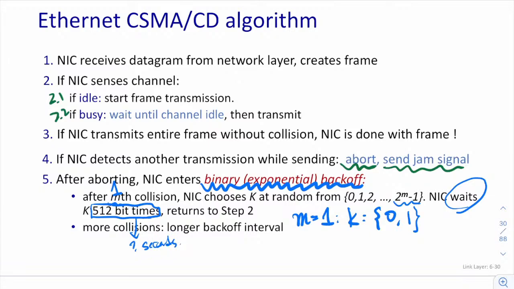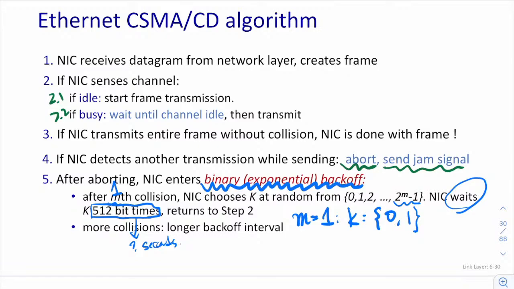For example, B rolls a die and the result is 0, and D also rolls a die and the result is still 0. Then both network interface cards wait 0 time and go back to step number 2. Again in step number 2, B and D sense the channel and the channel is idle.